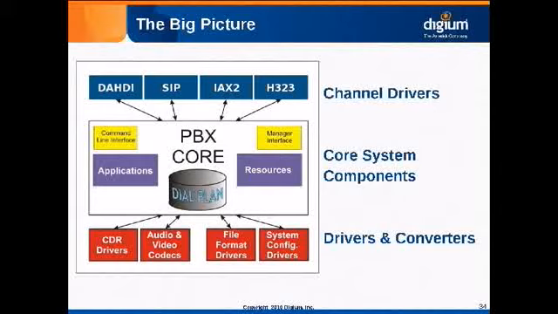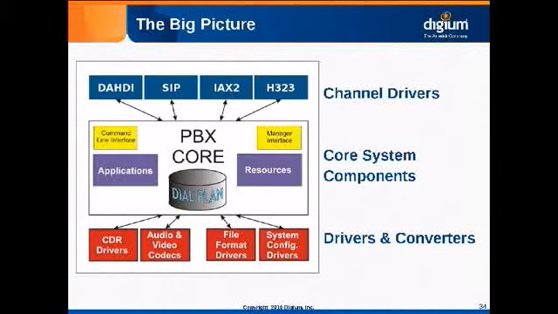So you see I've got a SIP channel driver up there, for example. That's the piece of Asterisk that talks SIP to the outside world and converts that into something that the core of Asterisk can understand. We've got a channel driver up there called DAHDI. DAHDI is the Digium Asterisk Hardware Device Interface. Nice name. That's what talks to analog cards, T1 cards, traditional telephony cards. The other channel drivers up there, IAX2 and H323, are other voice over IP protocols that Asterisk knows how to talk.